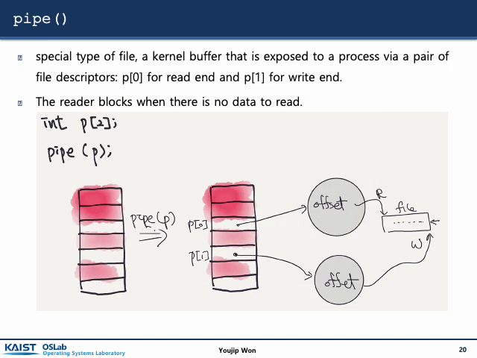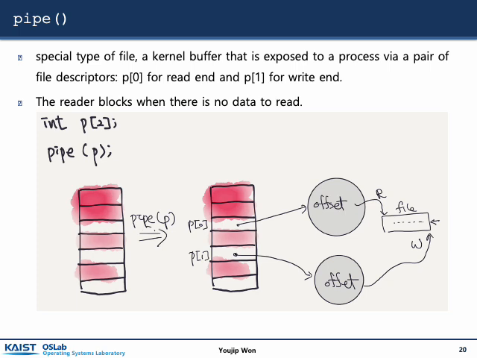A pipe is a kernel buffer that is used for communication between two processes. The argument of the pipe system call is an array that consists of two entries, and each entry of the argument array contains a file descriptor.